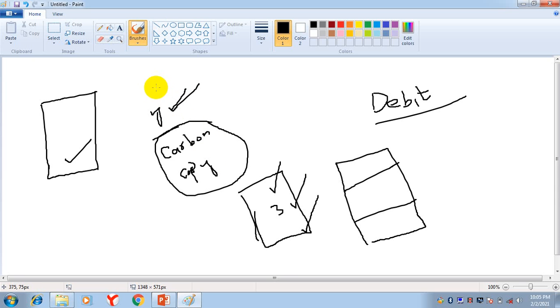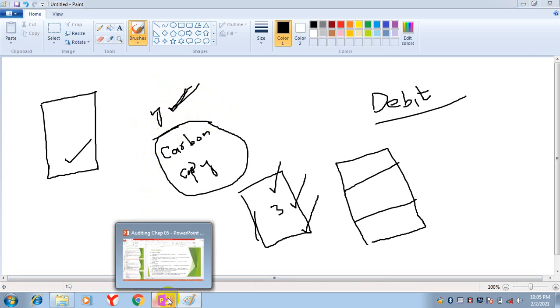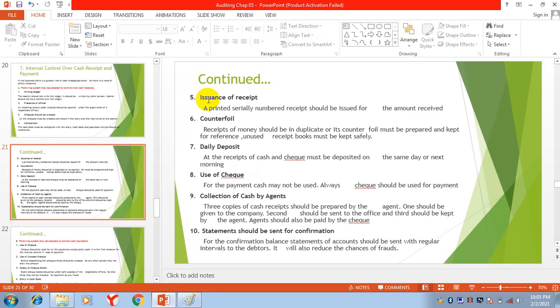When Salam University is receiving cash, they give you a yellow copy and keep another copy with them. That is a serially numbered receipt that you must issue. Counterfile, I told you about counterfile, a carbon copy of the money received. So they are keeping that carbon copy with them.